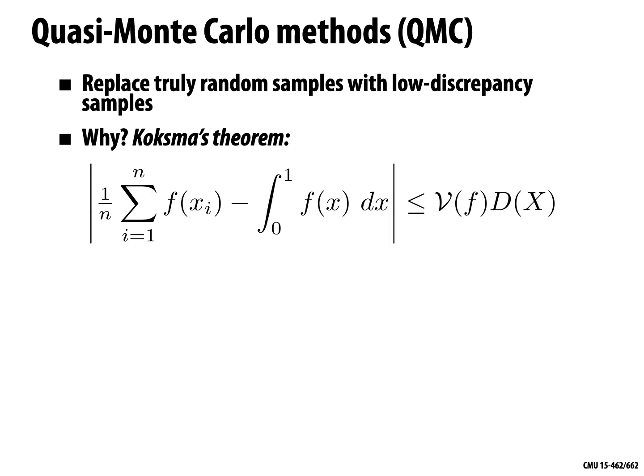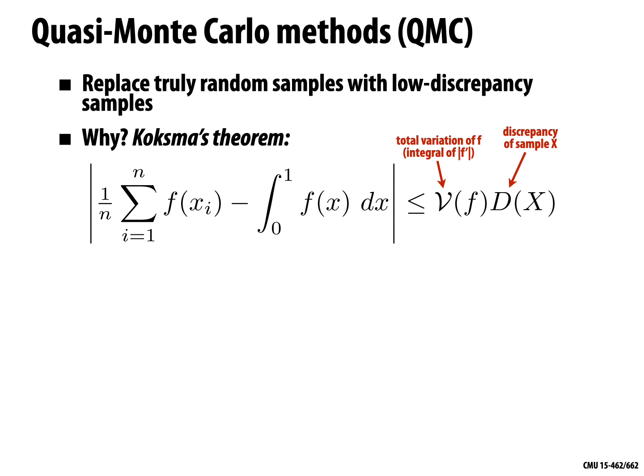why this works, called Koksma's theorem, which basically says that the deviation of our estimator from the true integral is bounded from above by the discrepancy of the sample X and the total variation of the function we're integrating, so just the integral of the derivative of that function.